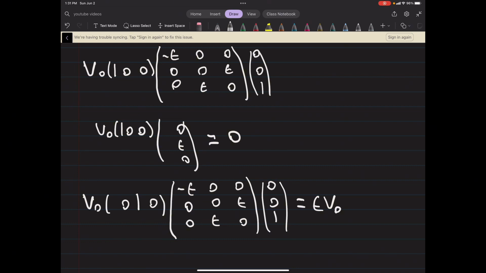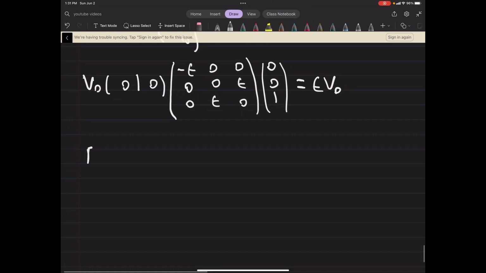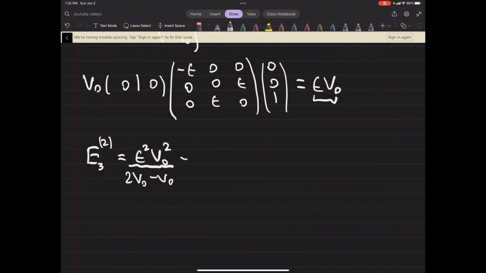So that one contributes, the other one doesn't. So our second order energy correction will be this squared divided by the difference between the unperturbed energies. So 2 V naught minus V naught, so just epsilon squared V naught.